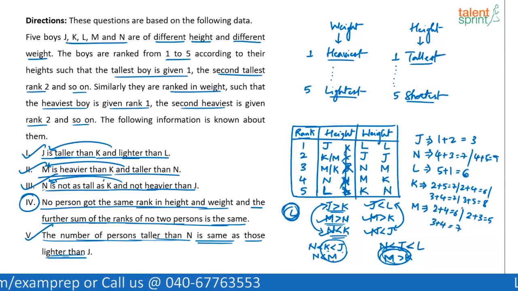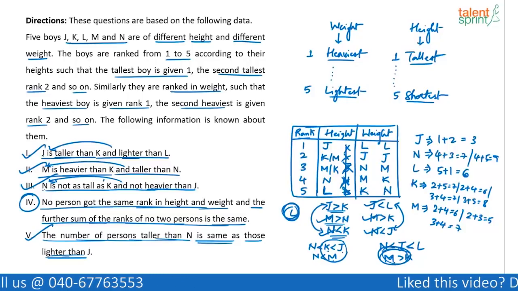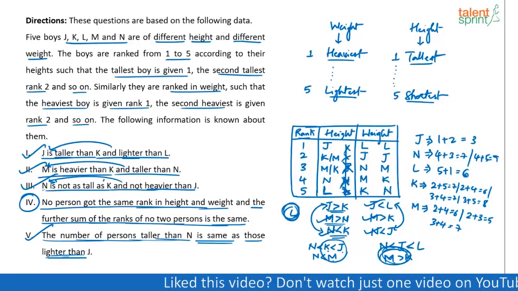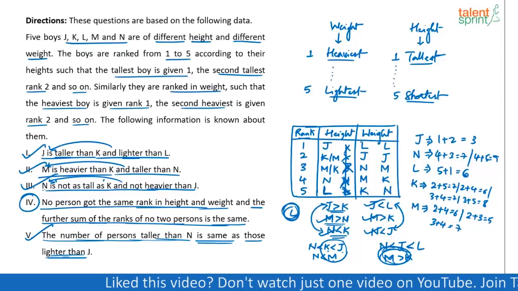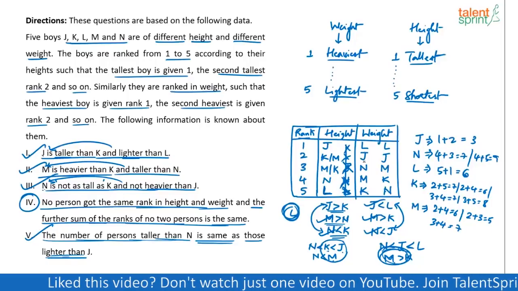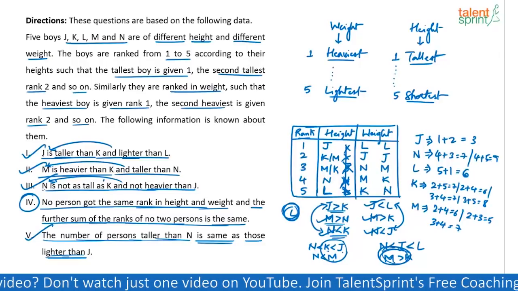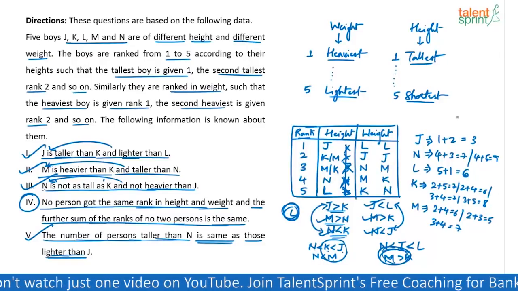So actually, if you see, there are 3 combinations possible. Let me make it simpler. If you observe, in case of weights, we have got 2 orders. In case of heights also, we have got 2 orders. J, K, M, and L. J, M, K, and L. I think what is easy to do is maybe take all the 4 possible cases and then eliminate very quickly, which is what I am trying to figure out using sums.